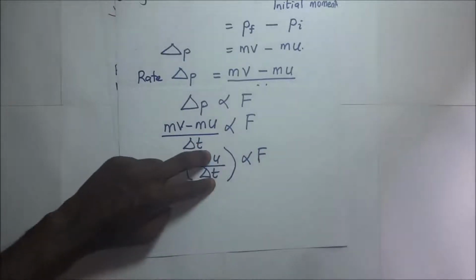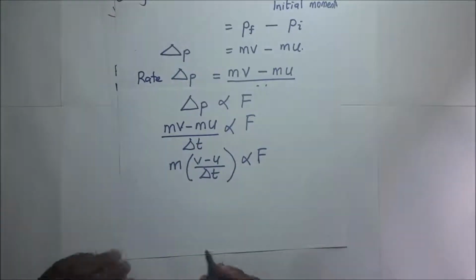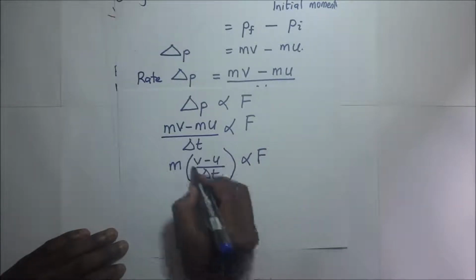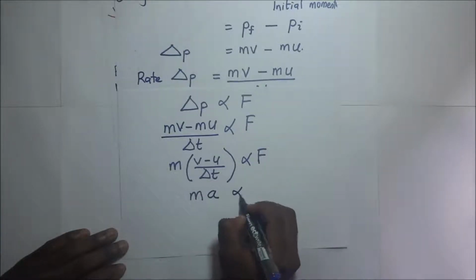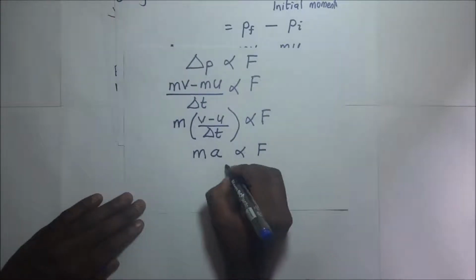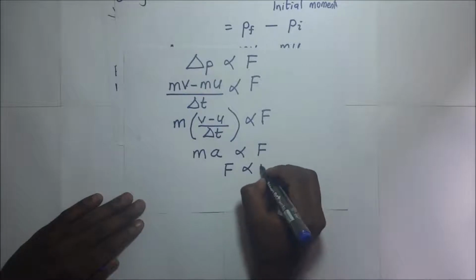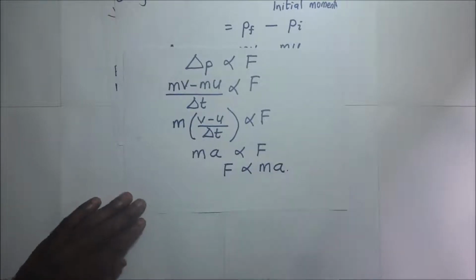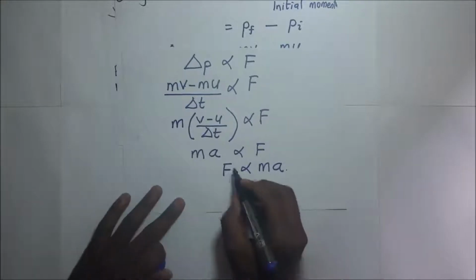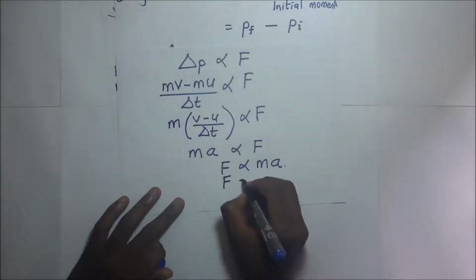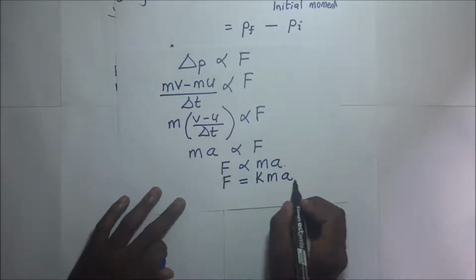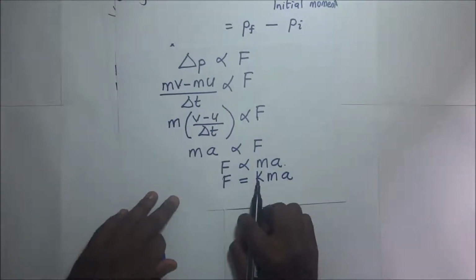So this expression is actually mass times acceleration is directly proportional to F. Or if I rearrange this, force is directly proportional to ma. Now, to remove the proportionality sign, we shall introduce a constant. F is going to be equal to k ma, where m is mass, a is acceleration, and k is the constant.